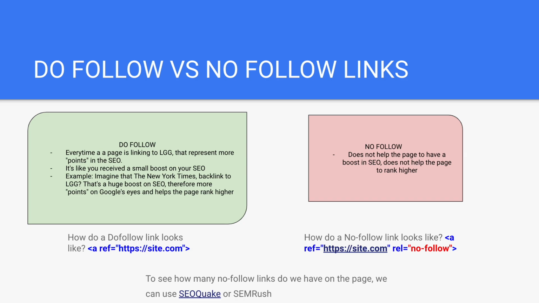But moving forward, we have two types of links. We have do follow links and no follow links. Do follow links are the ones that are actually giving you points, between quotes, to rank higher in Google ranking. And no follow links are the ones that do not do anything to your SEO.